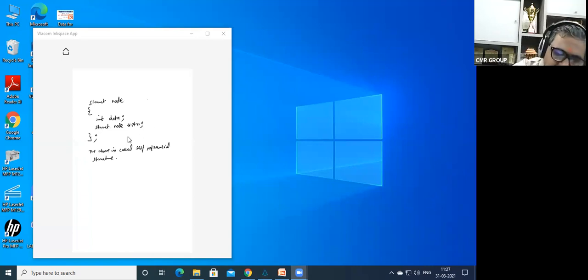Actually, what was the diagram? This was your diagram. Now look at the diagram. This was an integer data field, and this is nothing but the address field. Data field was an integer, so I have taken int. This is an address field, but it is storing a pointer. Address is nothing but pointer.